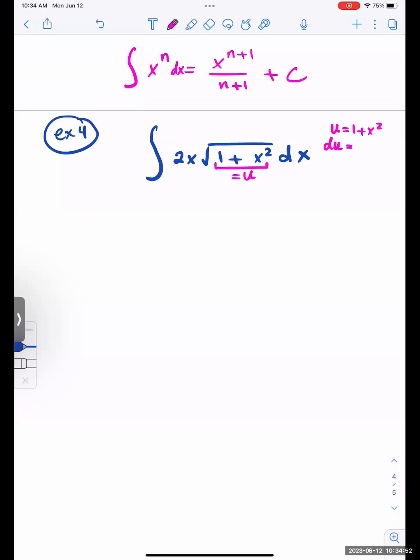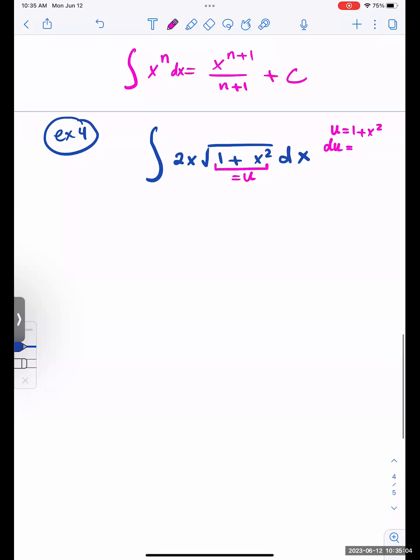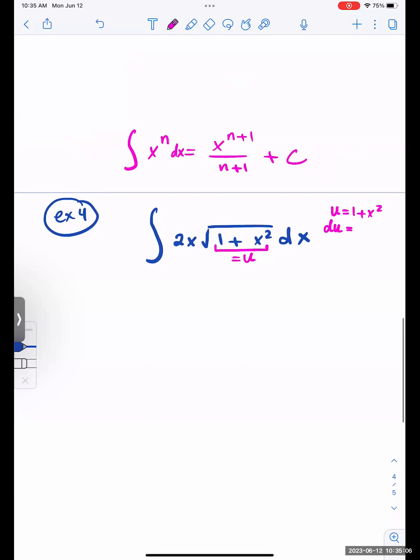Derivative of 1. So it's 2x dx. Don't forget to write, so derivative of 1 is 0.